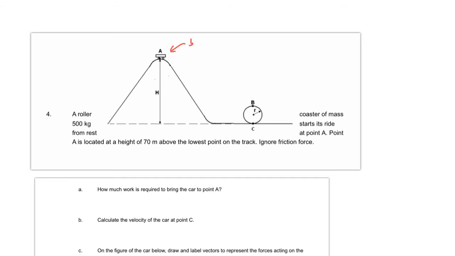I'm just going to start labeling stuff. 500 kilograms, great. The height is 70 meters. Great. No mention of what this radius is, and that's okay. Ignore friction force. Okay, so we have kilograms, which is the unit of measure that we want, and we have meters, which is the unit of measurement that we want.